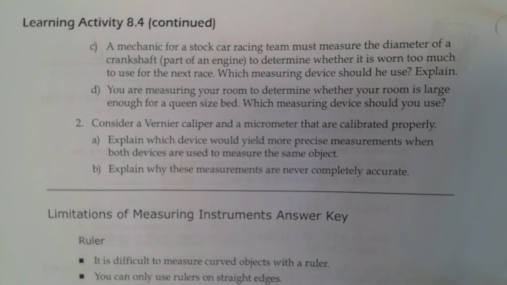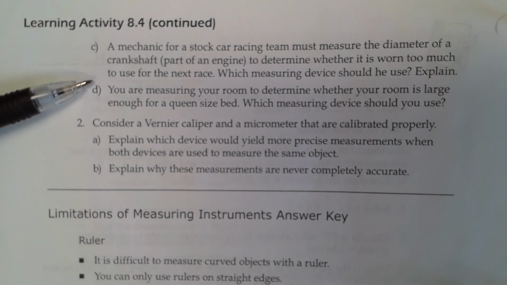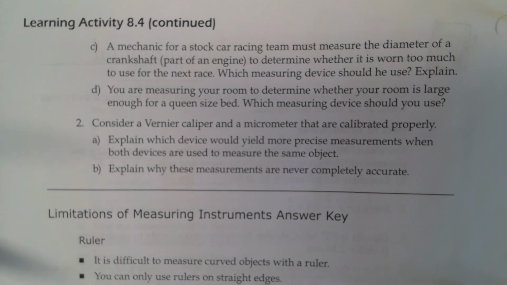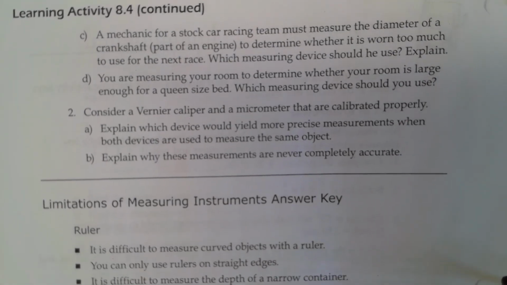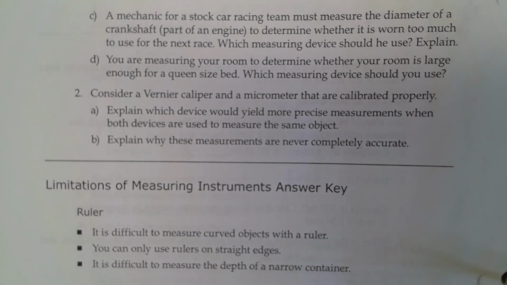You are measuring your room to determine whether your room is large enough for a queen size bed. Which measuring device should you use? I hope you're going to say tape measure. Consider a linear caliper and a micrometer that are calibrated properly.